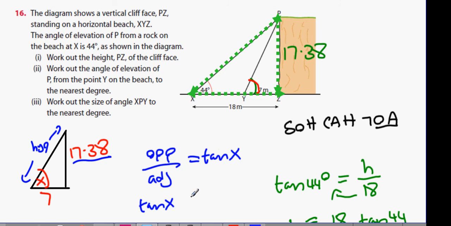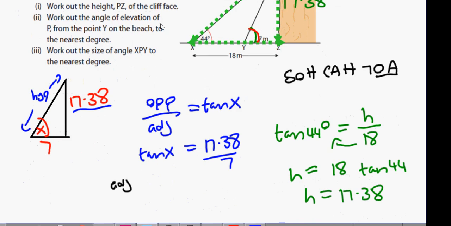Tan x therefore equals 17.38 divided by 7. Now, what's the only way you can separate out x and tan? There's a button in your calculator that does it. It's called tan inverse. That's going to tell you what the angle is.